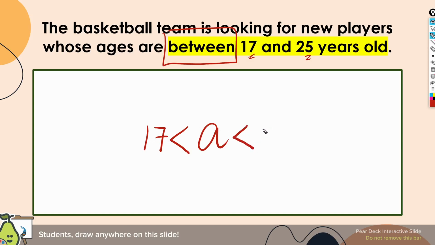less than 25. Note, na ganyan natin basahin ang isang compound statement katulad nito. From the middle, no? A is greater than 17 and less than 25. Now, when I say and less than 25, you can also say but less than 25.